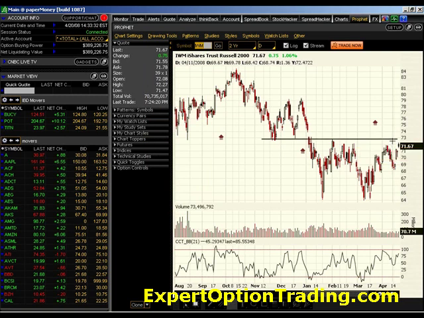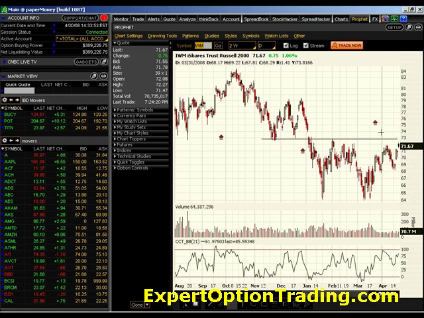In other words, the Russell 2000 has come up against this line once, twice, 3 times, and this is the 4th time, and it seems like it just can't break through to that point.